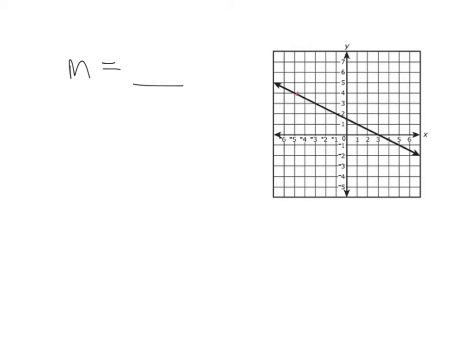What if I picked this point here and this point here, but you had picked this point here and this point here? It doesn't matter, because no matter what, we're going to get the same slope. So from here to here, I have to go down 1 and right 2. So down 1 and right 2 means my slope is negative 1/2. Make sure it is negative because this line is going downhill.